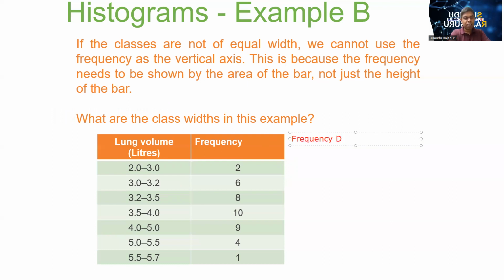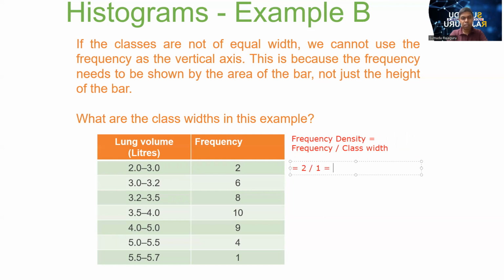What is meant by frequency density? How can we calculate frequency density? We have to divide frequency by class width. As an example, in here, frequency is 2, class width is 1.